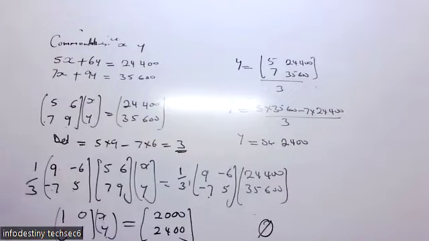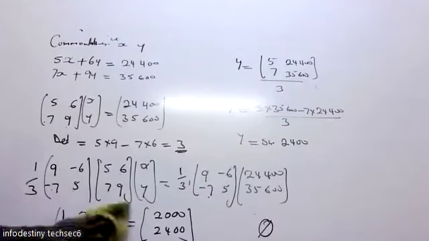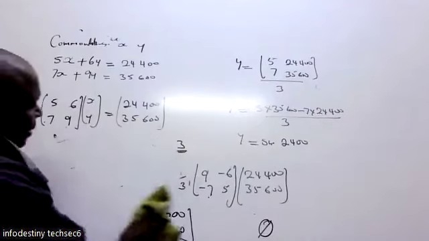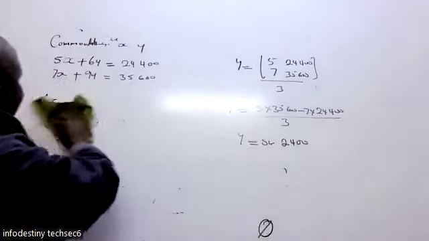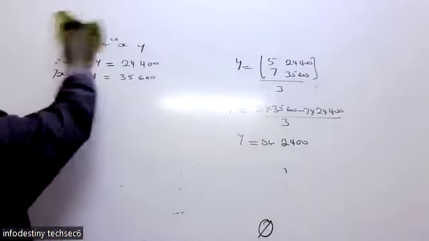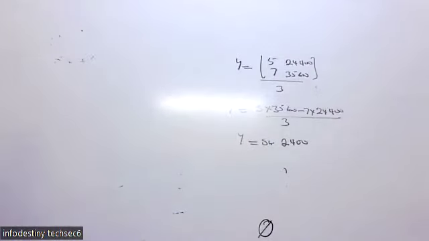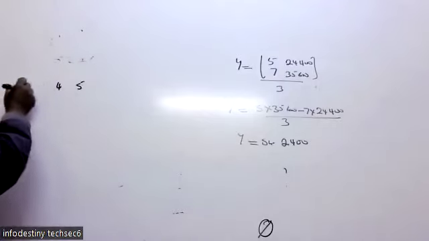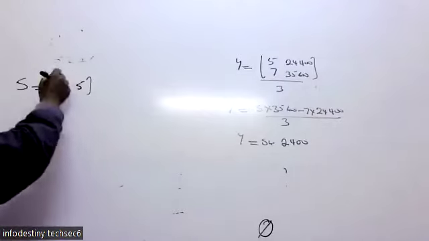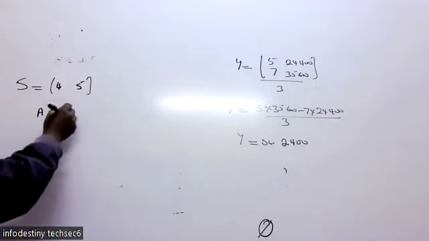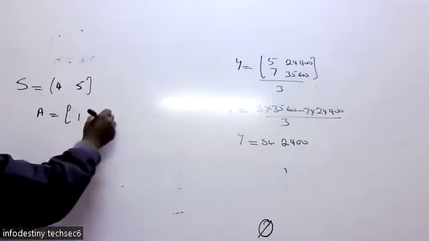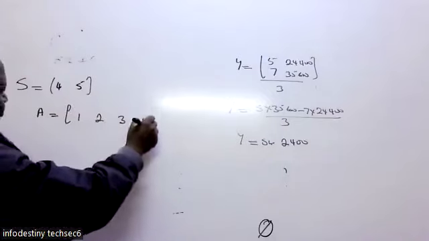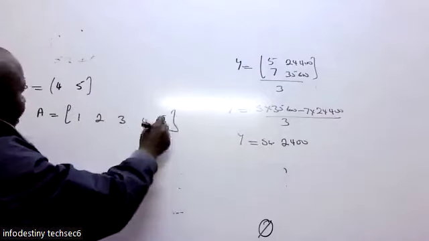For instance, we just give an example for you to understand. If S equals 4 and 5, and A equals 1, 2, 3, 4, 5.